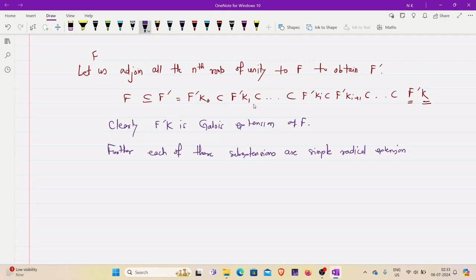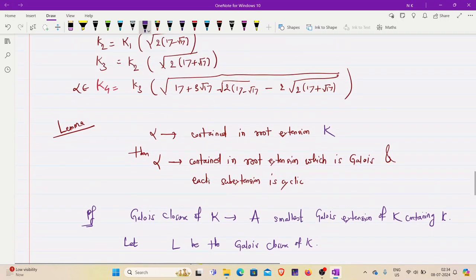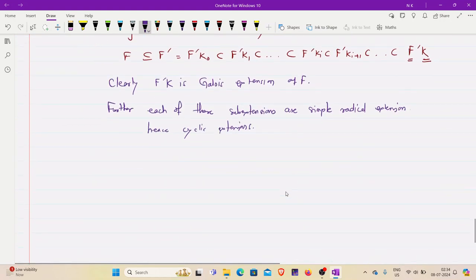So definitely each of these extensions is going to be a cyclic extension, and that is what we wanted to prove. So we have established the fact that if alpha is contained in a root extension, then definitely alpha is contained in a root extension which is Galois, and not only Galois, each of its sub-extensions is going to be a cyclic extension.